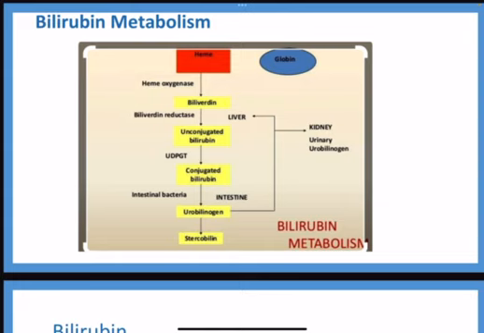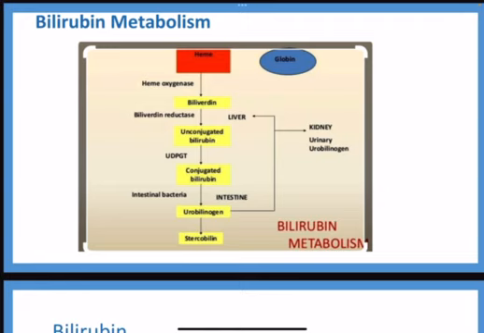This direct or conjugated bilirubin is water soluble, so it is able to dissolve in water. It goes to the intestine, where the normal flora turns it into urobilinogen.